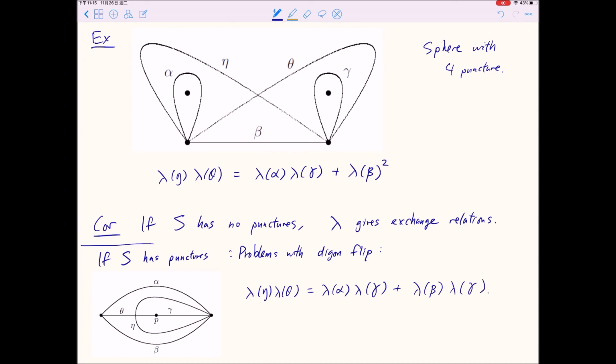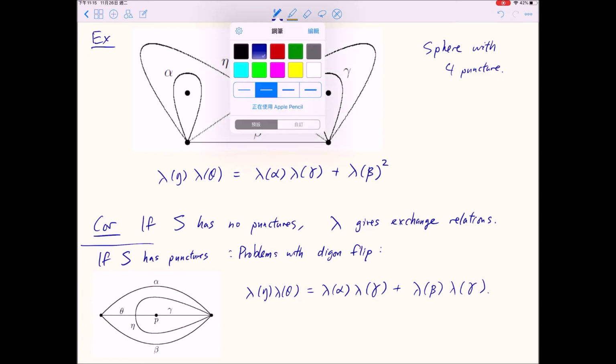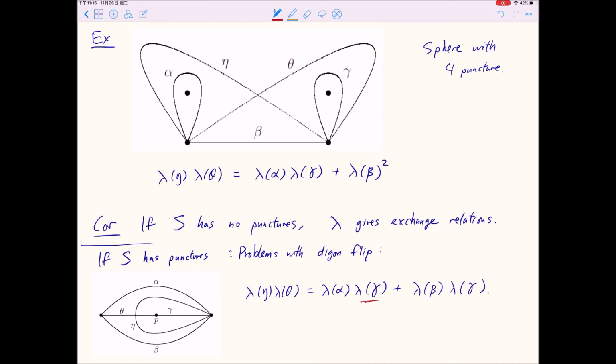So if you just write down the Ptolemy relations, which still hold, of course, because this is geometric, then you see the problem here that you have a common factor on the right hand side. But remember, for cluster algebra, you do not allow common factors in your mutation rule. So this cannot give you the exchange relations.